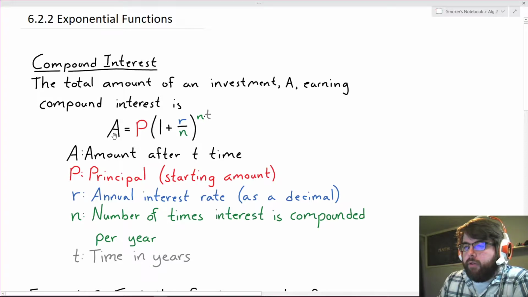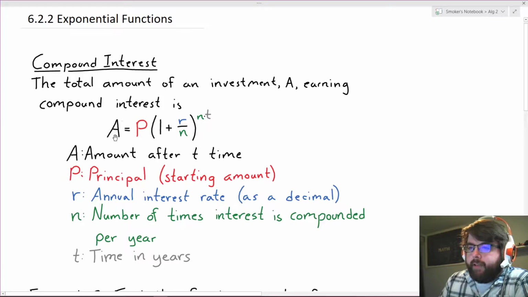This would give you the total amount of an investment, given that we plug in the principal, the starting amount, the interest rate in decimal form, the number of times it's compounded per year, and the number of years the investment is. So we would plug all those in and we would be able to find the return on an investment given all that information.